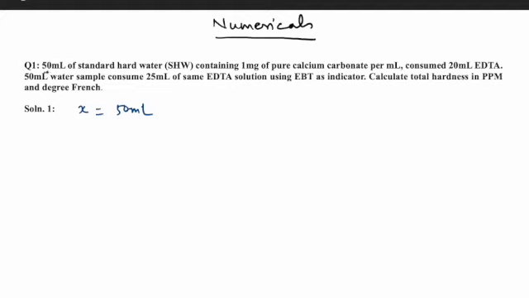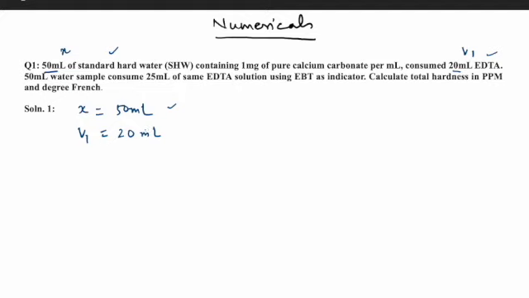And then V1, what was V1? V1 was the volume of EDTA which is used to neutralize this 50 ml of the standard hard water sample. According to this, 20 ml of EDTA is used. So this will give me V1 and this will give me X.